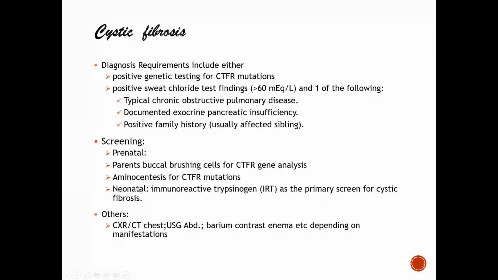In the neonatal, immunoreactive trypsinogen, that is IRT, as the primary screening for cystic fibrosis is the mainstay of diagnosis, right? Others could be doing a chest X-ray, a CT scan of chest, the ultrasound, barium contrast enema, depending on manifestation, so on and so forth. These are just additive investigations. So apart from all these, the most important investigation is genetic testing for CFTR mutations and looking for features of exocrine pancreatic insufficiency and delineating pulmonary compartment involvement.